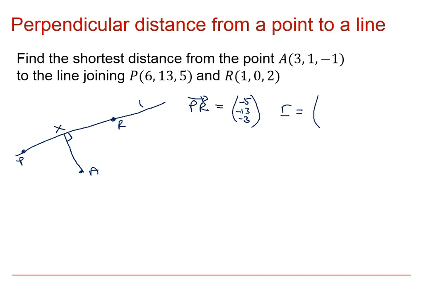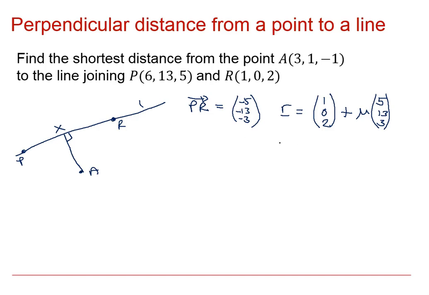You've got these 2 points here, 6, 13, 5 and 1, 0, 2. Which of those is going to be easiest to work with? Let's go 1, 0, 2 plus mu, could be lambda, whatever one you're used to using, times the direction vector. Now again, all of those values are negative. I'm just going to make them all positive because it's still the same direction vector. It's parallel. Okay, so we've now got that.